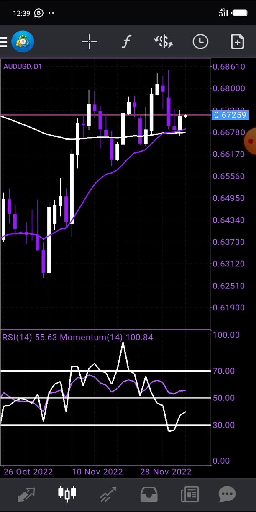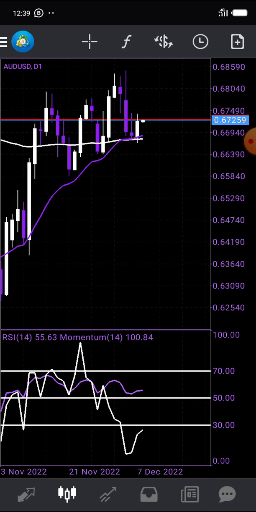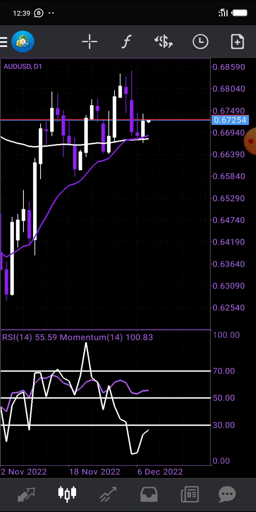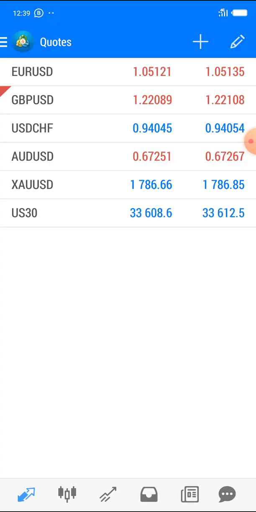I see price going down to hit my 50 moving average, which is white, and I see my 20 moving average crossing over the 50, and price starting a new bullish momentum to the upside, but I just see price making a range, so I'm not going to trade this.